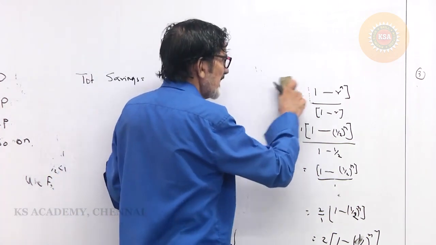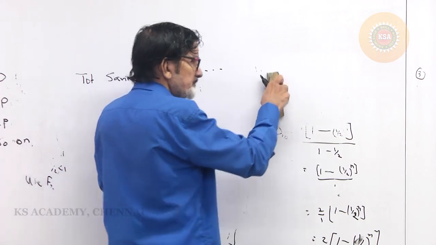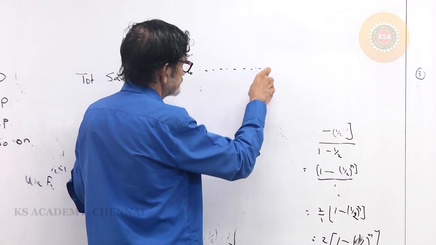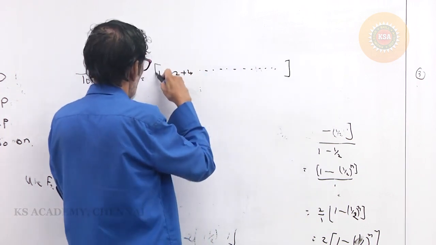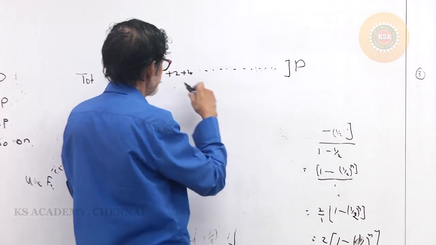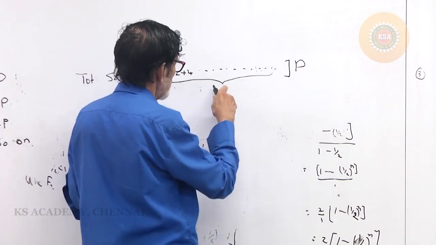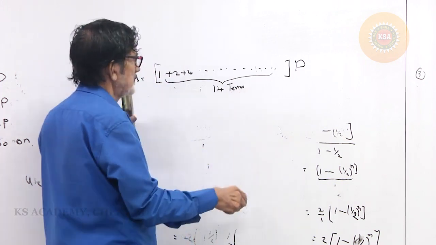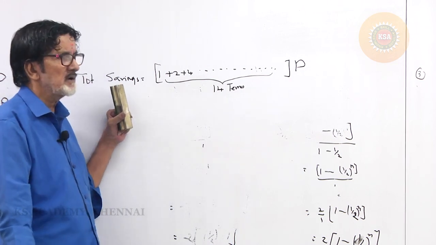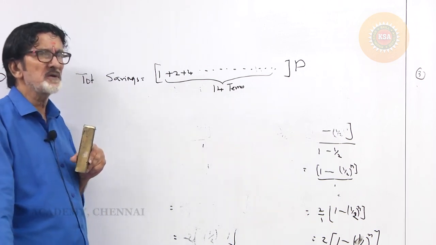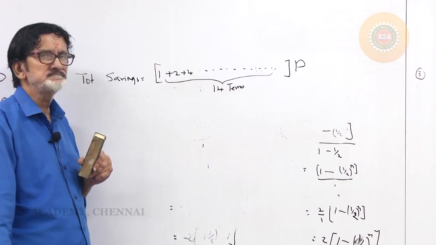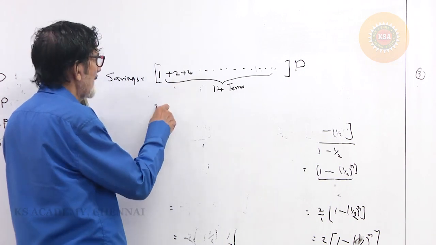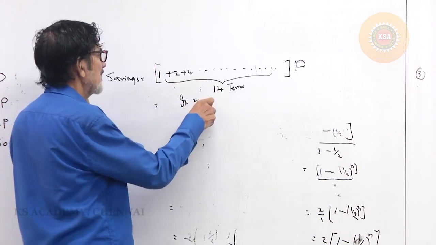All paise figures, if you add, the result is in paise. 5 paise plus 3 paise, 8 paise. Two weeks, 14 terms. First day 1 paise, second day, third day, fourth day, fifth day, up to the 14th day. It is a geometric progression. From the look you can tell it is a geometric progression.